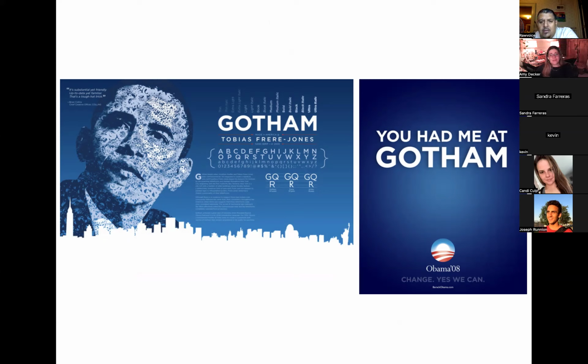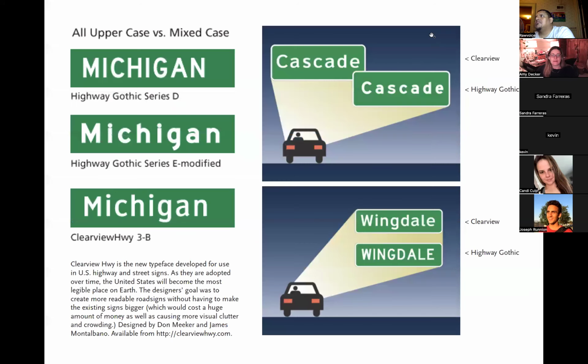And they went back to Tobias Frere-Jones and had him expand the typeface from the 20 or so fonts they had into, I think, over 100 variations to manage all of the needs that the campaign had. So this became the typeface of the early aughts because of the Obama campaign and how successfully it was designed into the campaign.